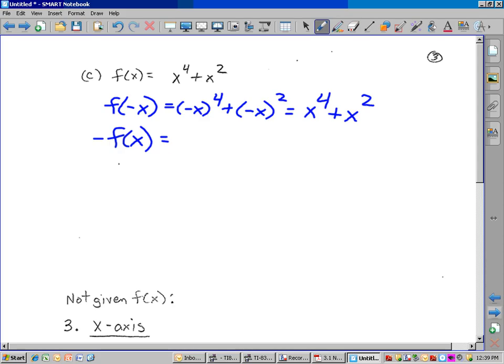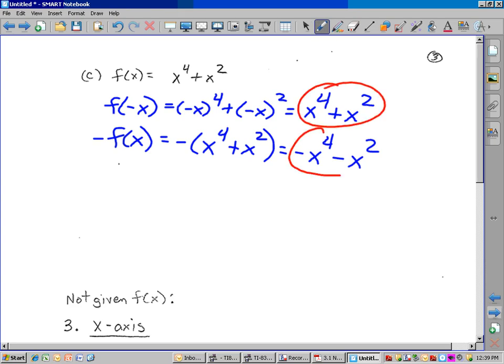Negative f of x. Negative in front of the entire function. Now what do I do with the negative? A little louder. Distribute to both. Negative x to the fourth minus x squared. Here's our test. Are these two the same?